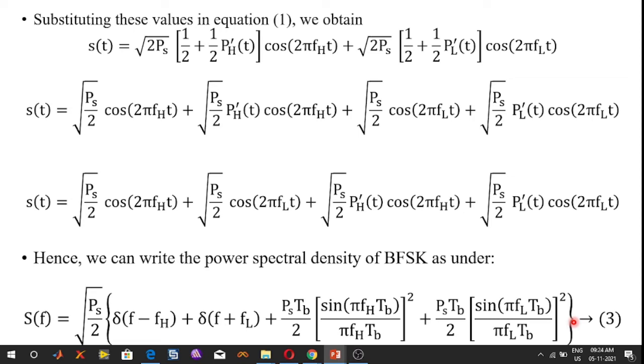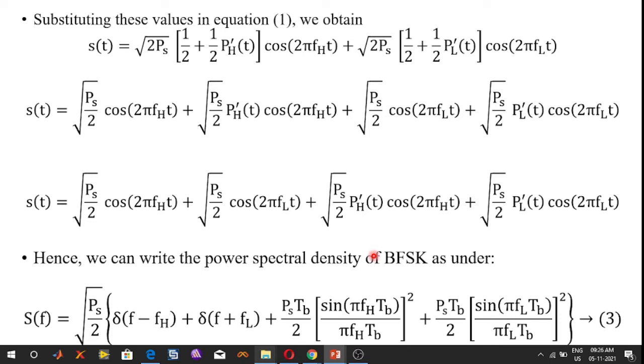This is the equation of the power spectral density of the binary frequency shift keying signal. In this equation, we can observe that the first term represents the single frequency impulse at high frequency fh, the second term represents the impulse at low frequency, and the third and fourth terms are identical to the binary PSK signal.